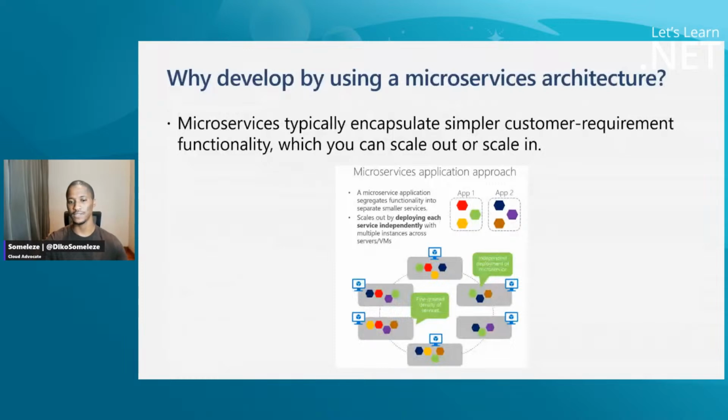So microservices typically encapsulate simpler customer requirement functionality, which you can scale out or scale in. You can test, deploy, and manage them independently. An important benefit of a microservices approach is that teams are driven more by customer scenarios than by using specific technology. Each small development team develops a microservice based on a customer scenario.